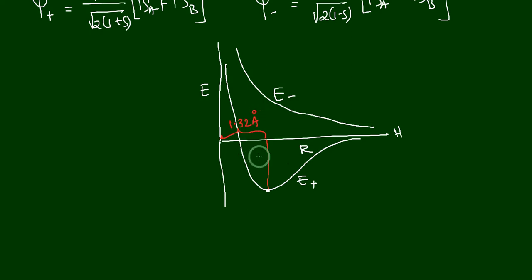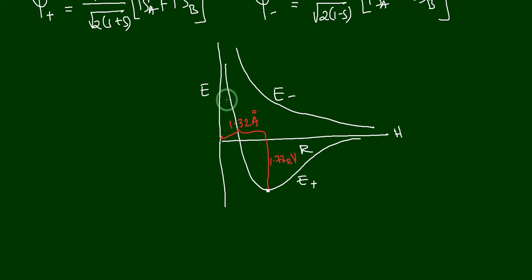The energy from here to here was found to be around 1.77 electron volts. And if you are looking at E minus, the E minus always has an energy which is greater than the energy of the hydrogen atomic orbital.